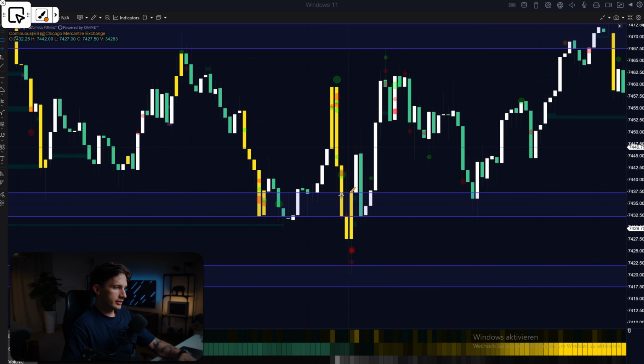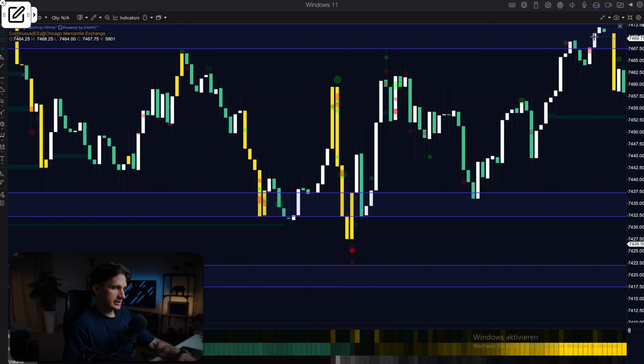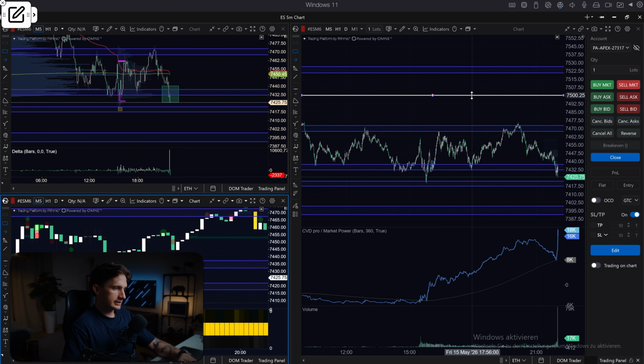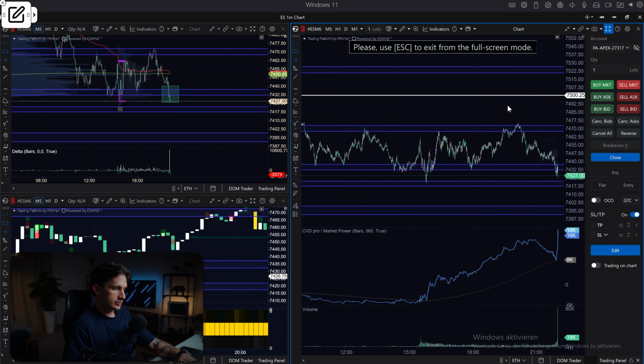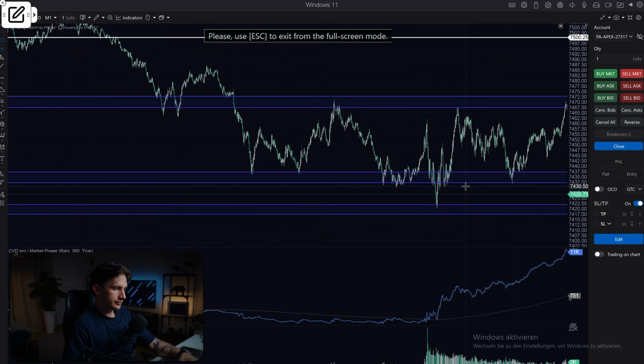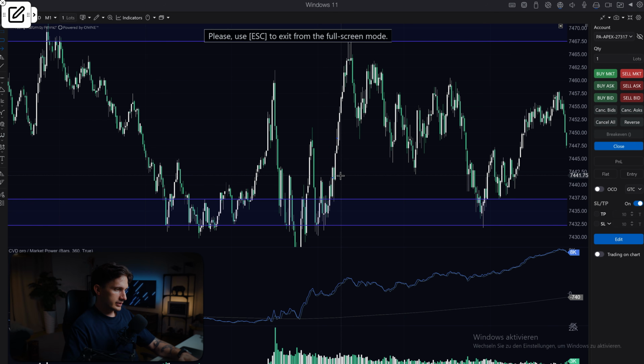We have another zone here, right? As the market comes up, we get a retest, we get buyers stepping in, and this is the exact time that I'm stepping into my buying position. You can actually see this when I go to this chart. Let's make this chart a little bit bigger. You can see right here, this was my trade.